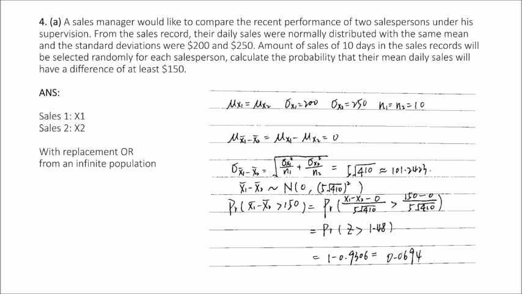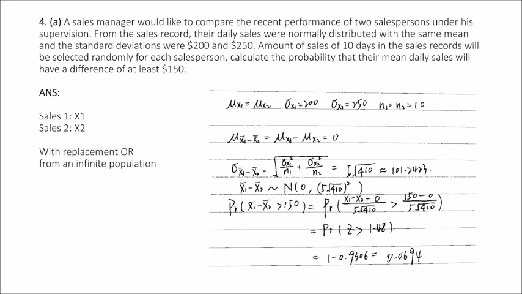So we can calculate the probability of x bar 1 minus x bar 2 being more than 150, which we can change into the standard normal distribution: the probability of z more than 1.48.